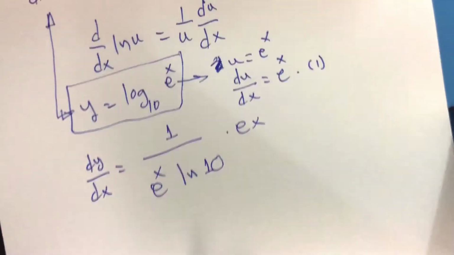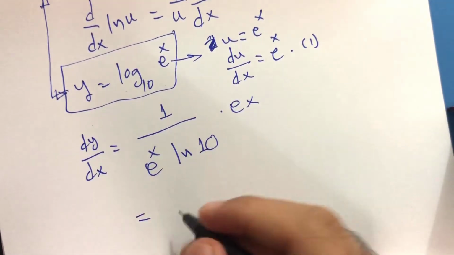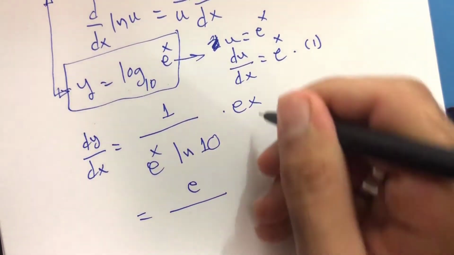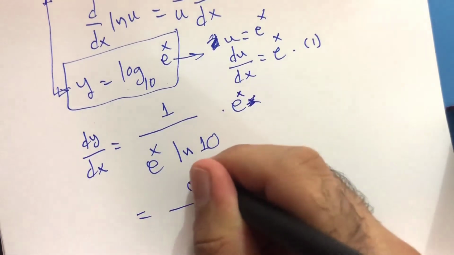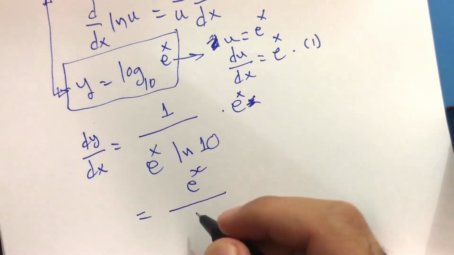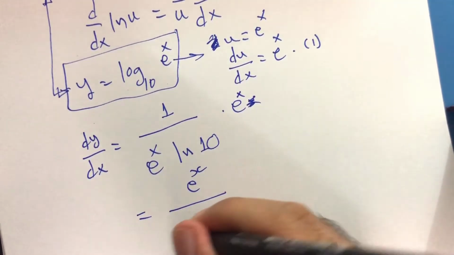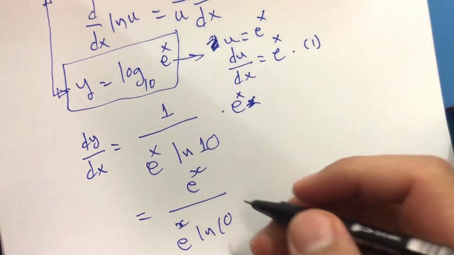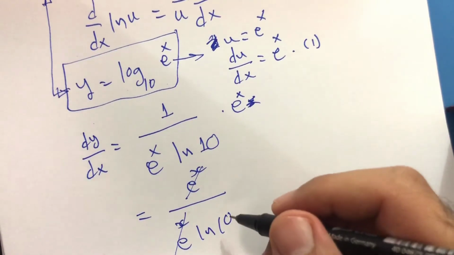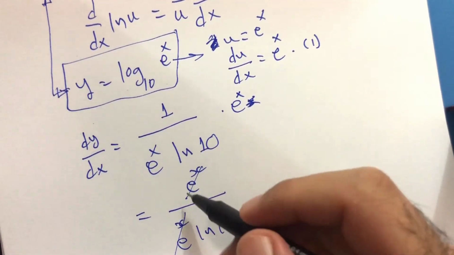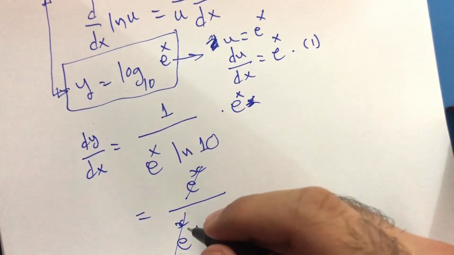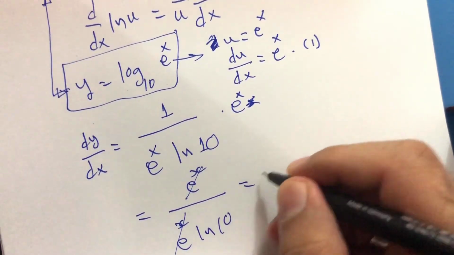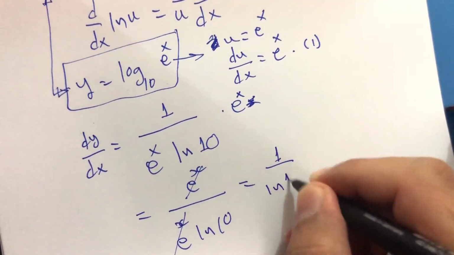In this way I can write it like this: e to the power x divided by exponential x times ln 10. Now of course exponential x can be cancelled from the denominator and numerator, so that I have 1 over ln 10.